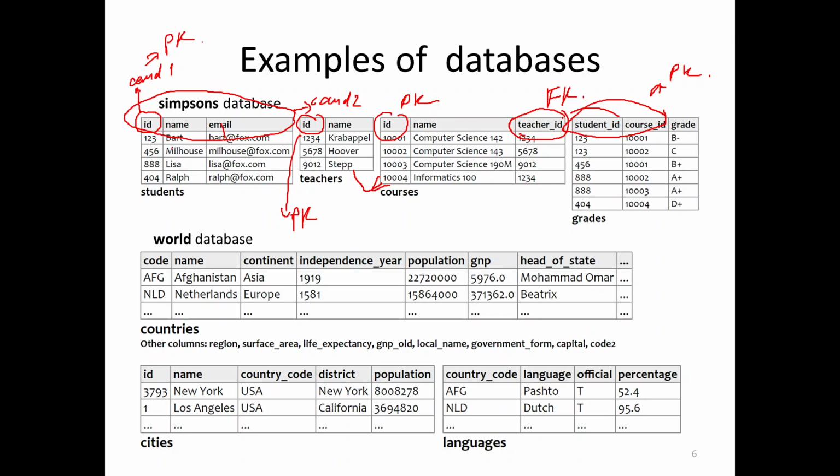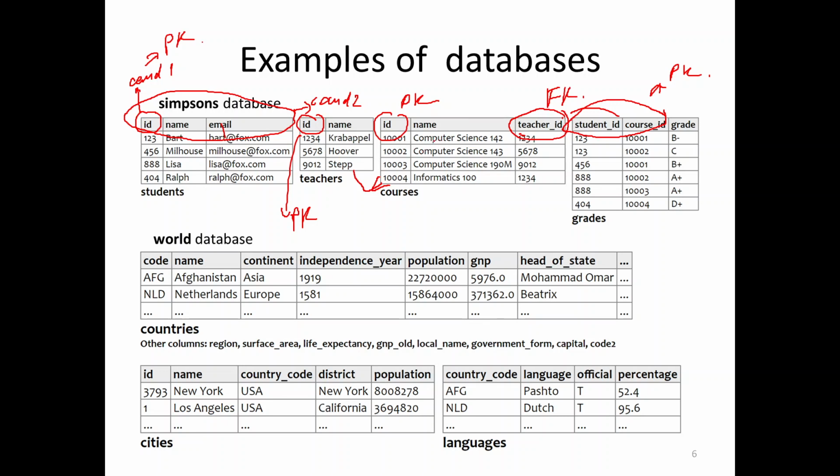But Bart can go and enroll to 143 as well, right? Or 102 or something else. So one student can also enroll to multiple courses. One course can contain multiple students within it, but one student can take multiple courses too, not just a single course.